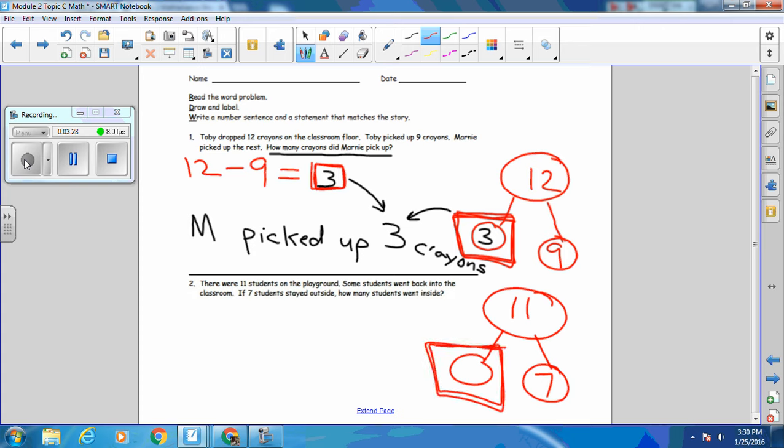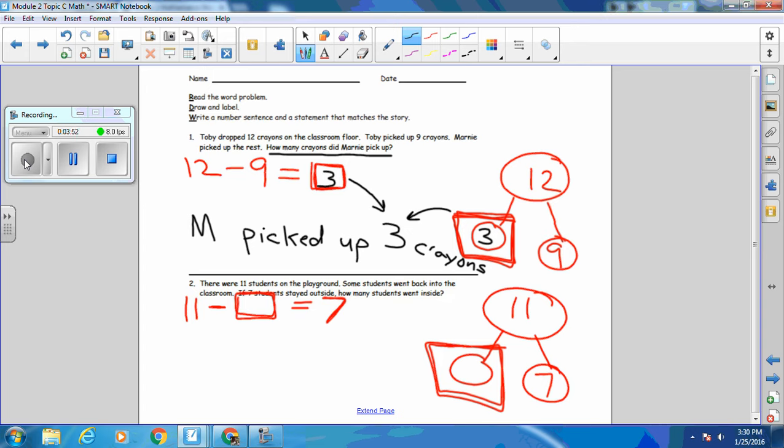If I were to make a number sentence out of the word problem, I had 11 kids. Some of them went inside, 7 stayed outside. Well, the nice thing is, it's still going to be the same thing.